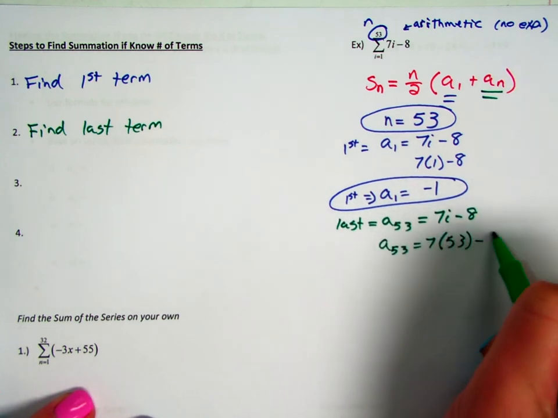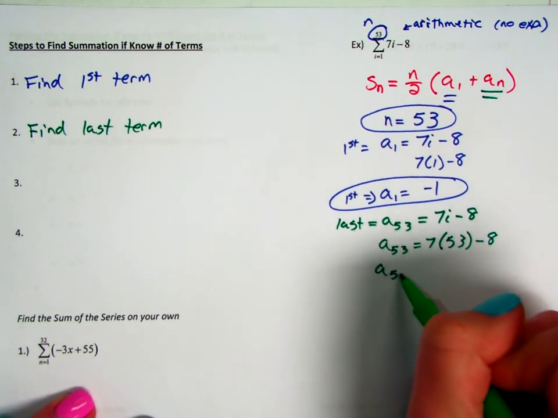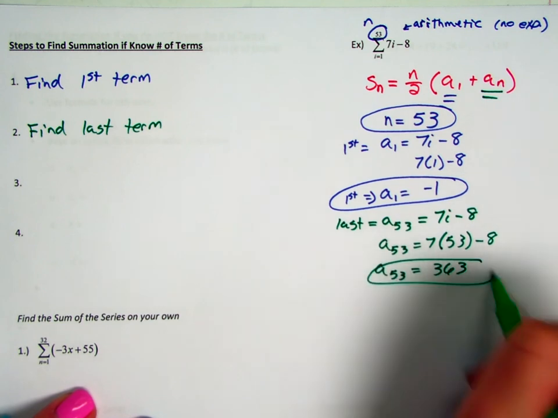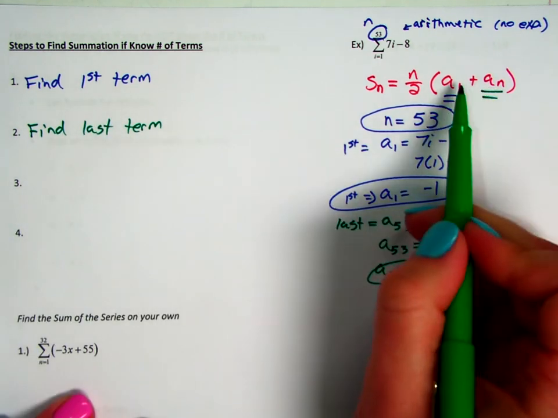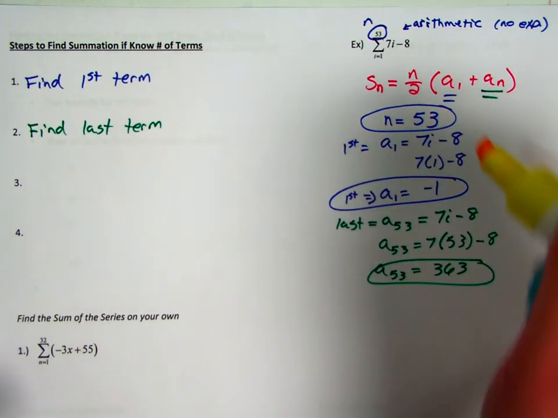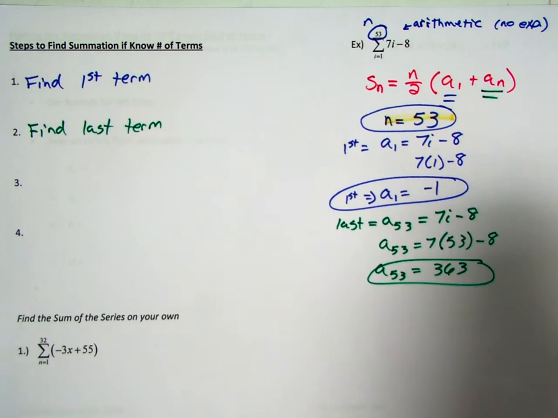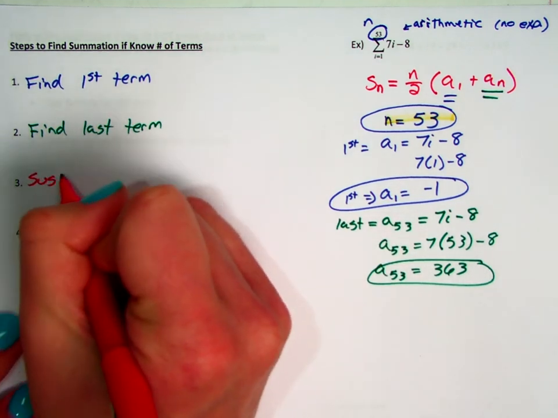And you can go ahead and type that in your calculator, and you should get that your 53rd term is 363. So now I found my first term, I found my last term. The only other value that's in there is that n, which we already know to be 53. So now that I've got the three pieces, I can substitute into the formula.